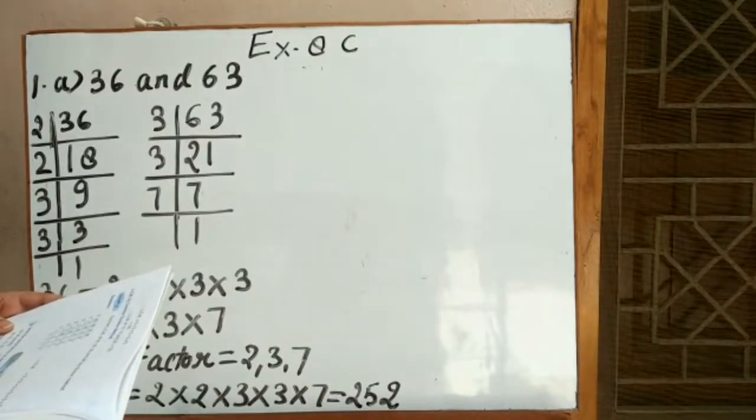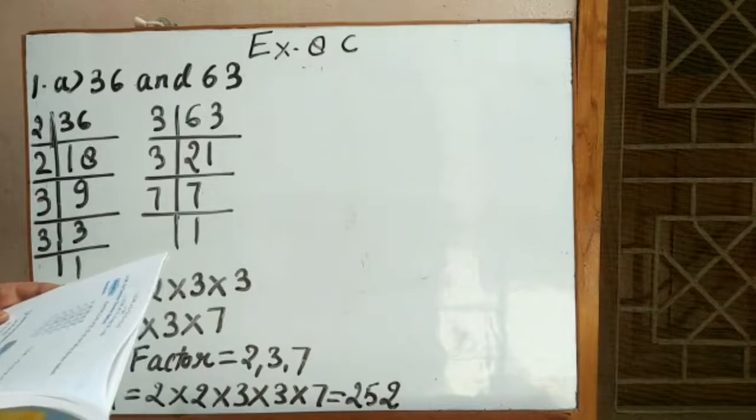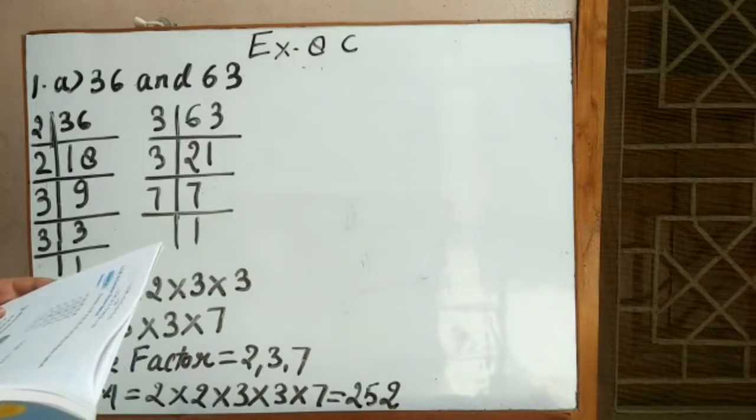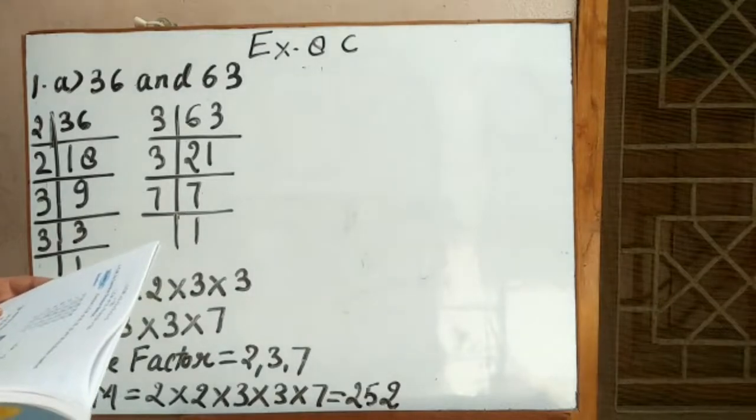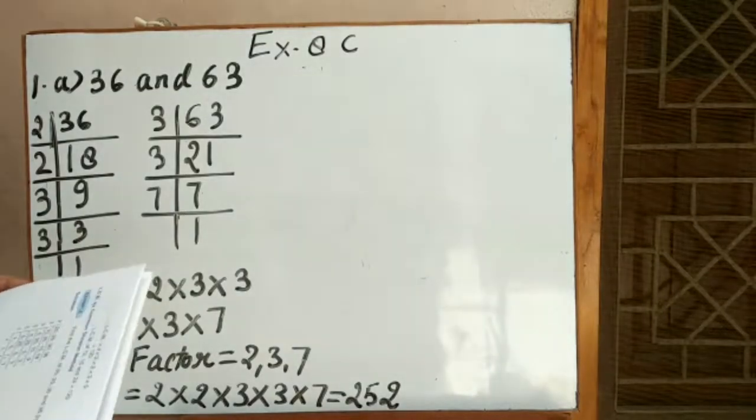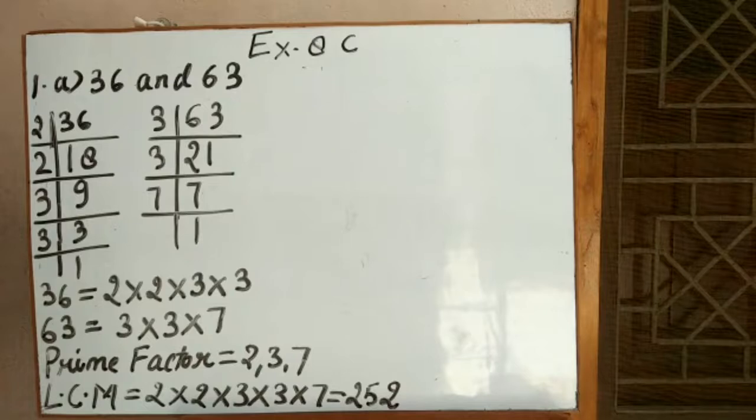Exercise 8C. Question number 1. Write the prime factors of each number and find the LCM. A. 36 and 63. I have told you how to find out factors of the given number.